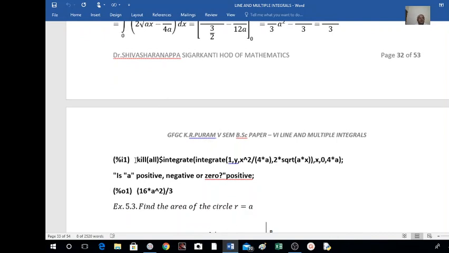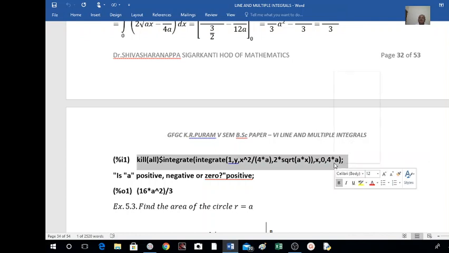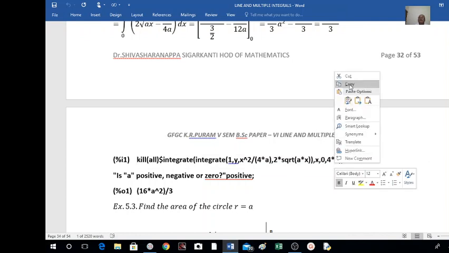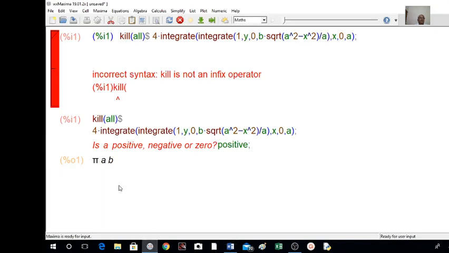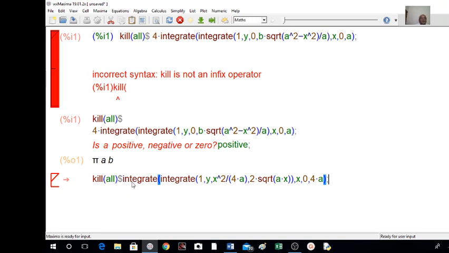I can verify this with Maxima. Copy, go to Maxima. Here I will paste. Kill all, integrate 1, y ranges from x square by 4a to 2 root ax, and x varies from 0 to 4a.